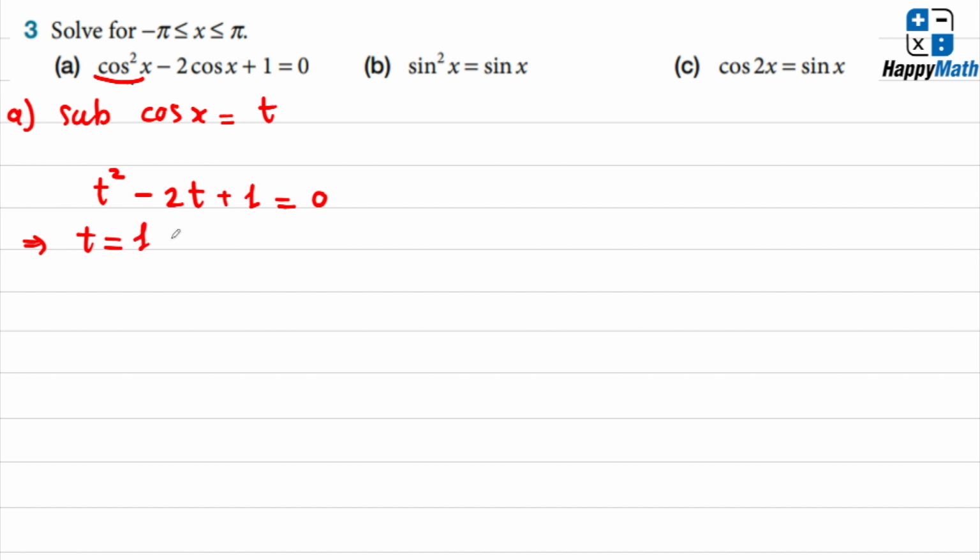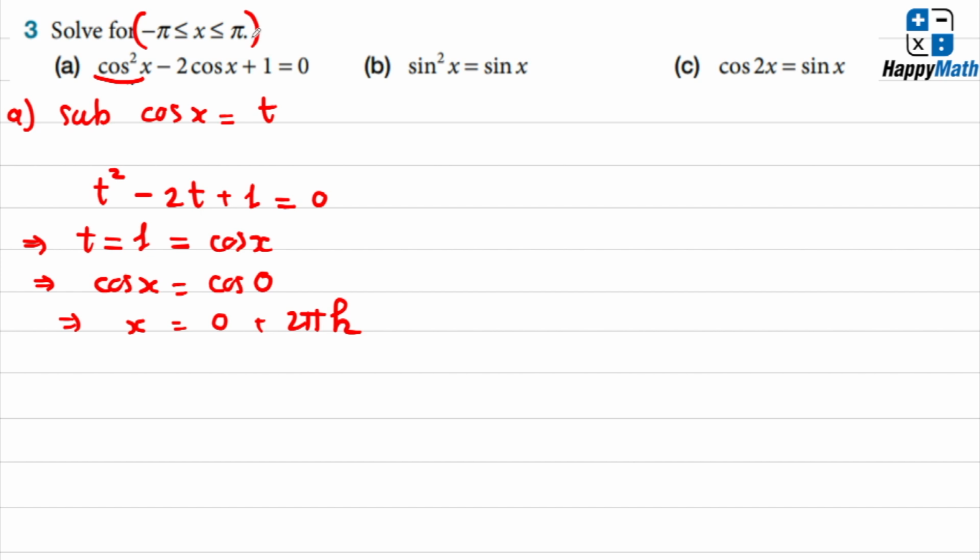From this equation, you can use your calculator to solve this one. t will be 1, and then I will come back to my first variable cos h. So when cos h means 1, 1 is cos of 0. So h equal to 0 plus 2 pi k. And now you got the new interval minus pi and pi.